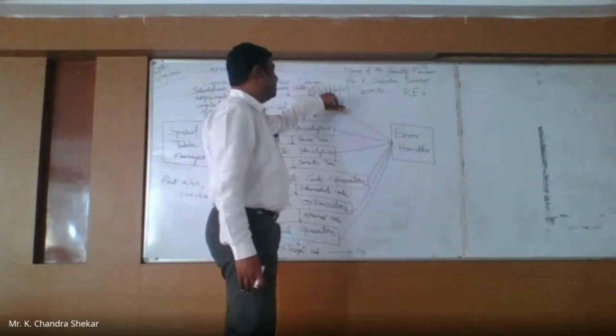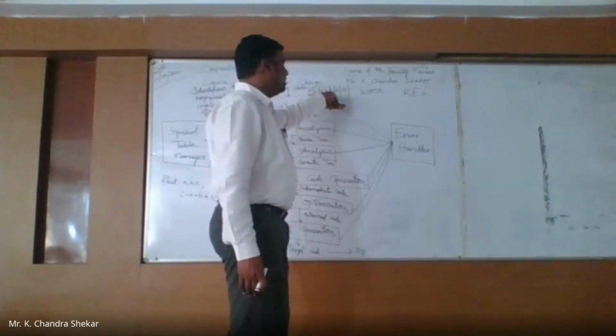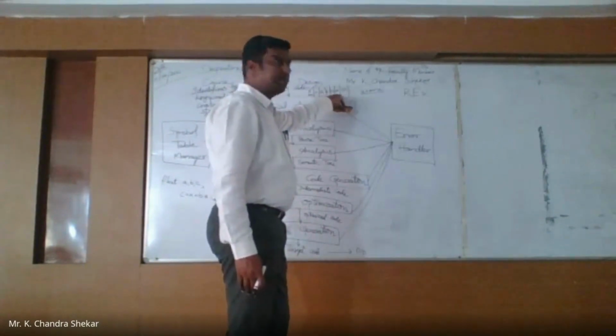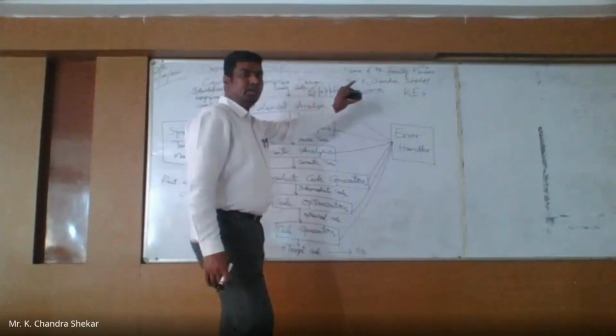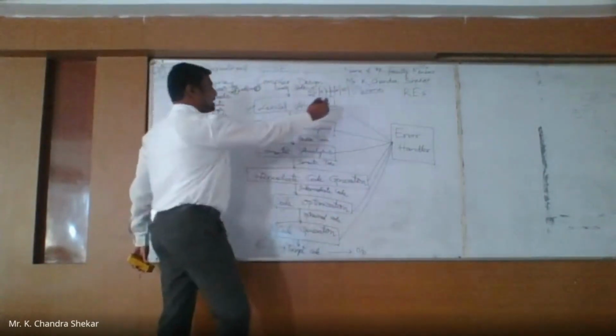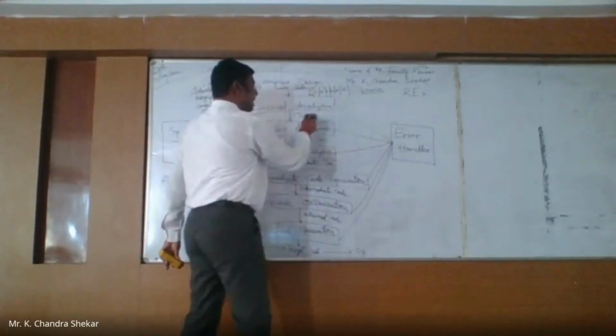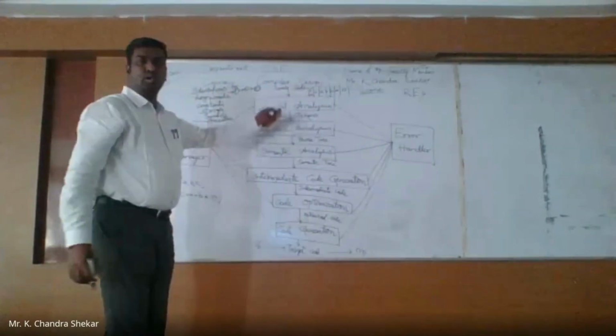Then you have B, which is an identifier. Then you have multiplication, which is an operator, and 10 is a constant. So likewise, all these lexemes are divided, and you come up with the tokens.